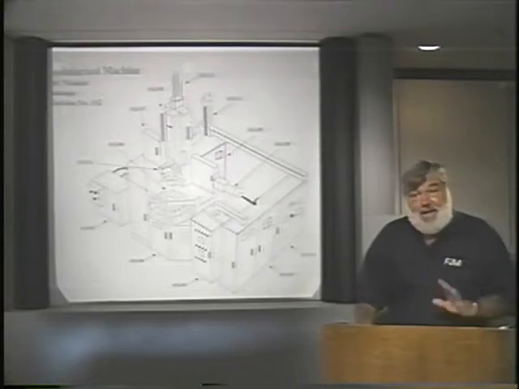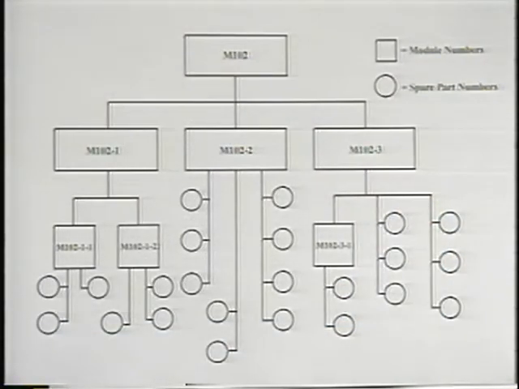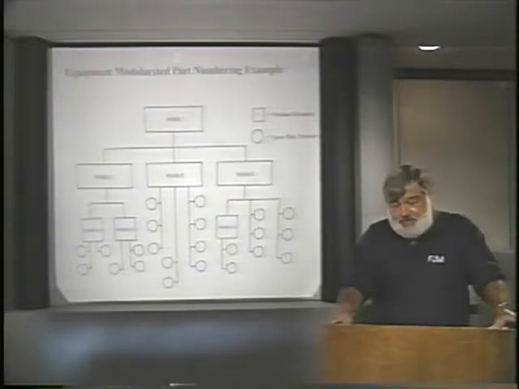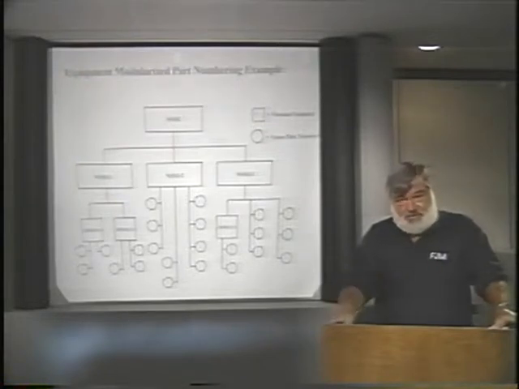Now, moving to page 10A, this is the diagram relative to that machine 102. And here I've only selected 3 modules, module 1, 2, and 3. But you'll notice that on module 1, which is on the left-hand side of the diagram, it has 2 sub-modules.